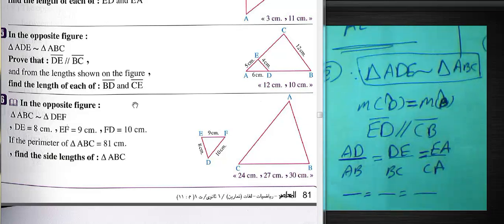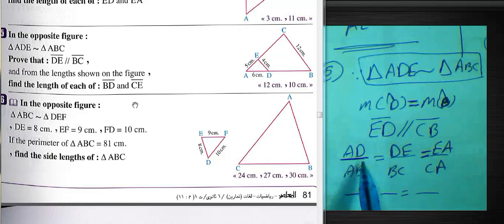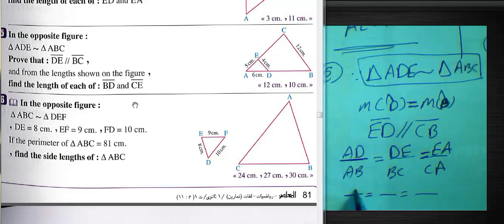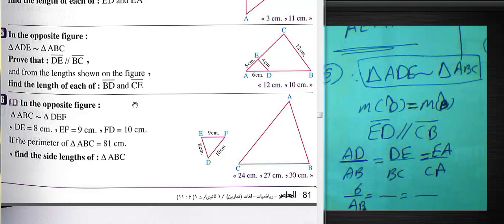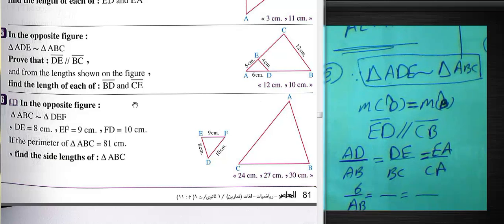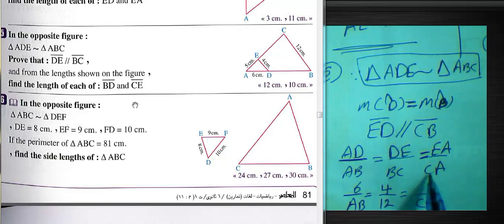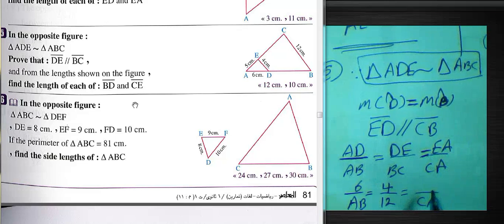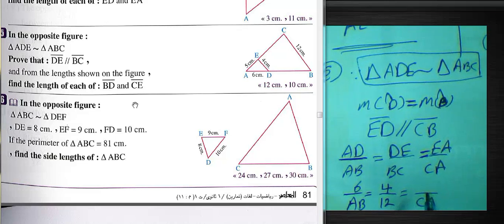We can write the length of AD is 6, AB is 6 plus DB, which is all of AB here, DE equals 4, BC equals 12, CA, and EA, the length of EA equals 5.